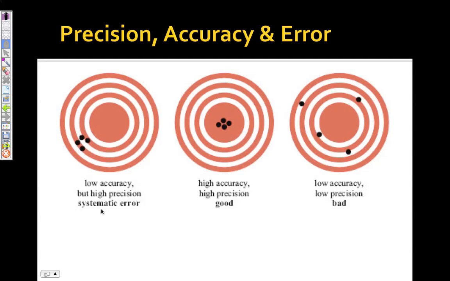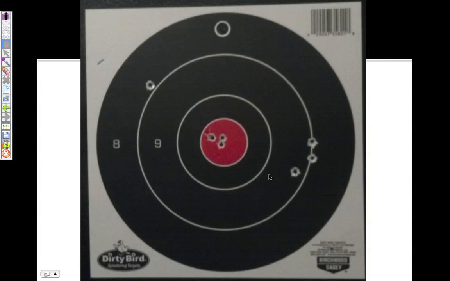And this, as we're going to see soon, would likely be caused by systematic error. If we have all of the bullets in the bullseye, we've got something that's highly accurate and highly precise, which is what we hope for in the lab. If we have data points that are all over the place, that's low accuracy and low precision, which is bad.